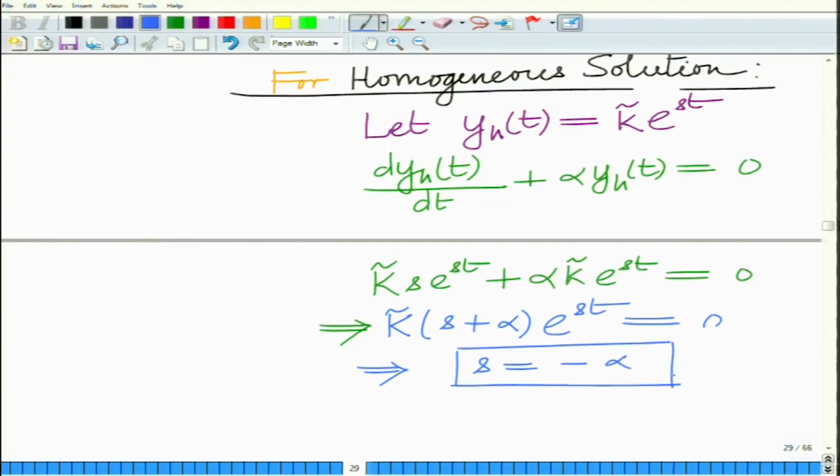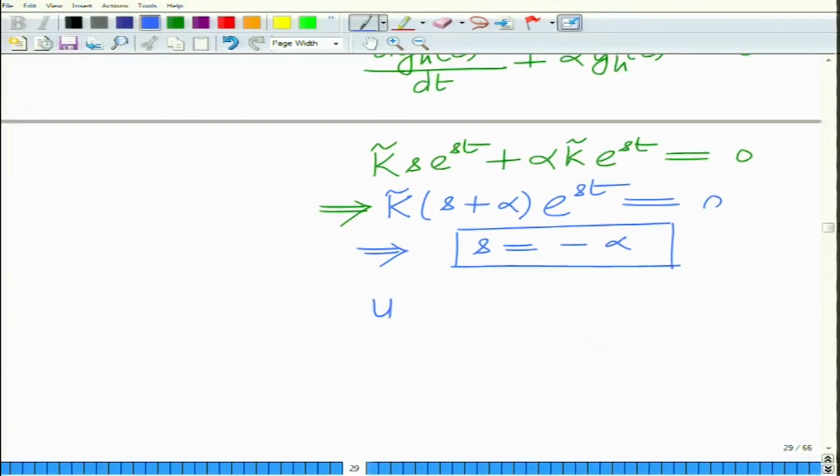So, we have derived s equals minus alpha, which implies y_h(t) equals k tilde e power minus alpha t. So, this is the homogeneous solution, but we still have to determine k tilde. At this point we still have an unknown.